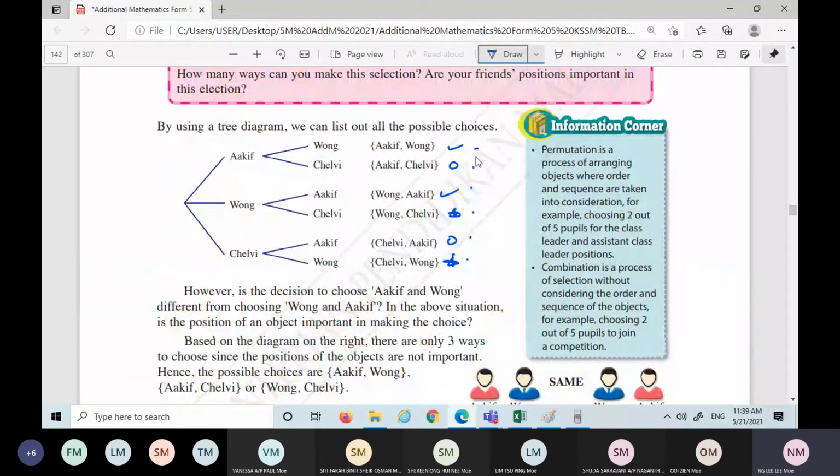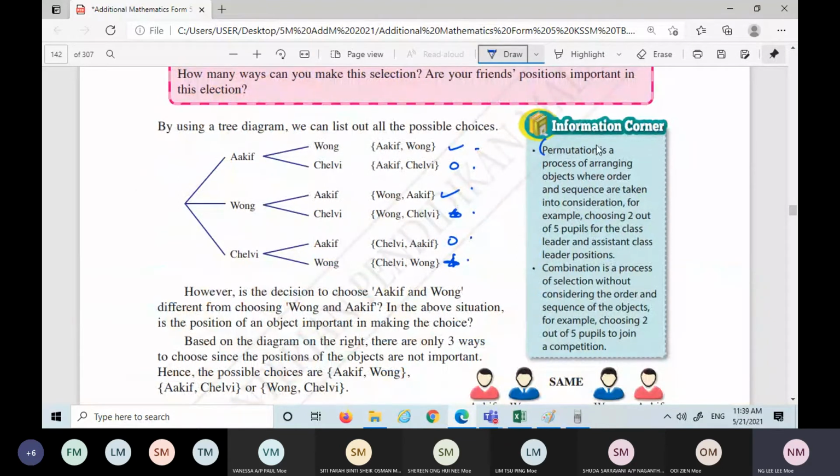so that you will know which one is permutation and which one is combination. Permutation is a process of arranging objects in which order and sequence are taken into consideration. For example, choosing 2 out of 5 pupils for the class leader and assistant class leader positions.